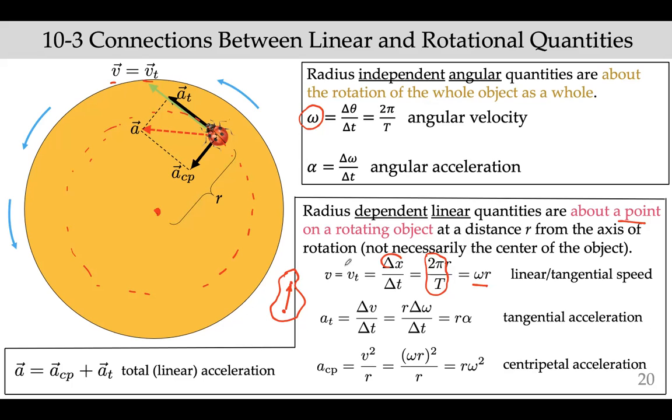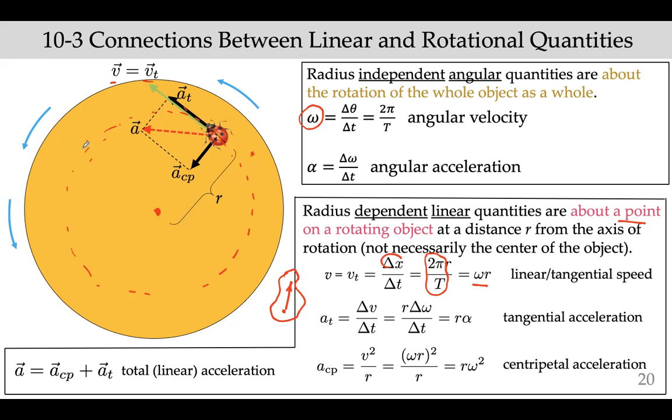So this tangential speed is the momentary, instantaneous speed of this ladybug in this direction. So this ladybug is stationary with respect to this disk. It's not walking, it's just stationary with respect to the disk. But because the whole disk is rotating, this ladybug will feel some velocity in this direction.